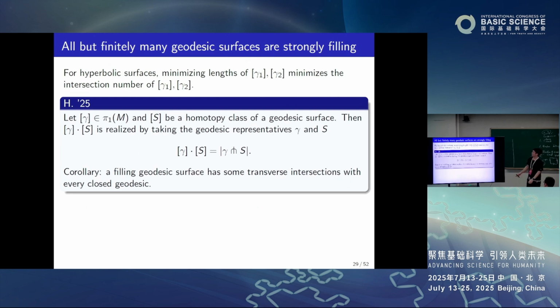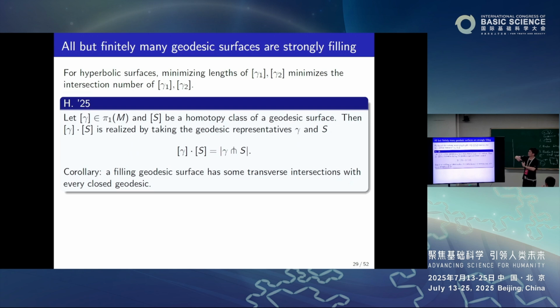So let me say some very straightforward lemma. On a hyperbolic surface, how do you minimize the intersection number? Right, take two curves. I can measure the intersection number. This is the geometric intersection number. I don't count signs. I just count how many times they intersect. The way you count this intersection number is that you use this hyperbolic metric.